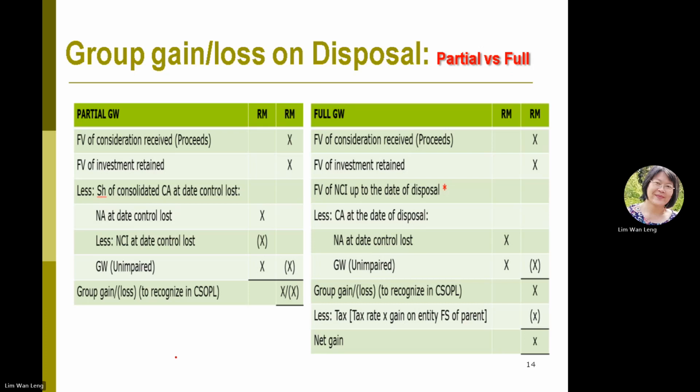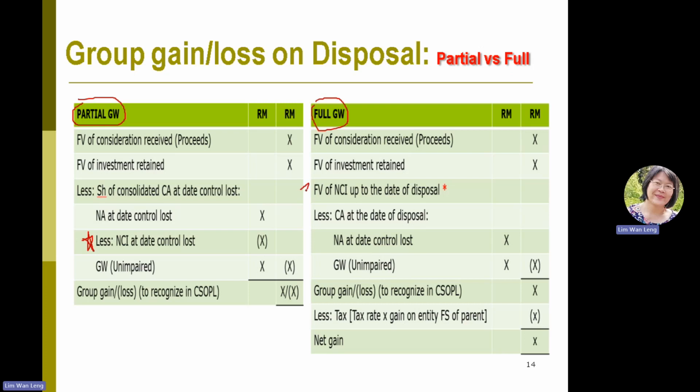Like I mentioned, when you want to calculate the gain or loss on disposal, you must take note of how the goodwill was recorded in the books, whether the books have captured the partial goodwill or the full goodwill. If you look at the computation, the only difference is where you put the NCI.